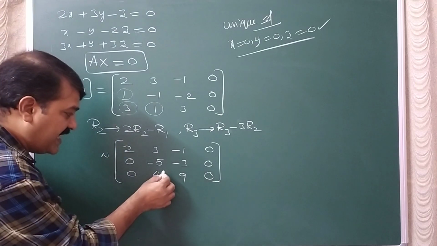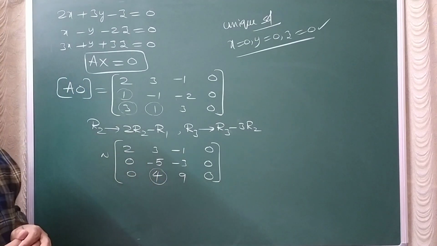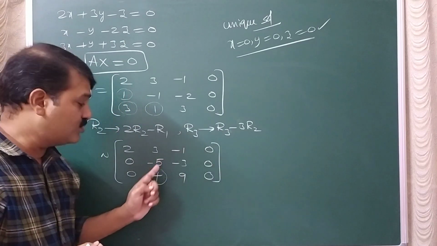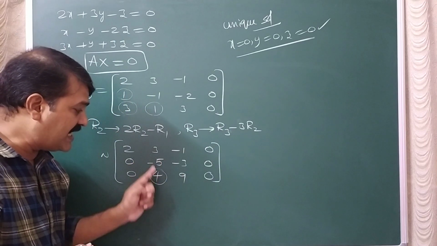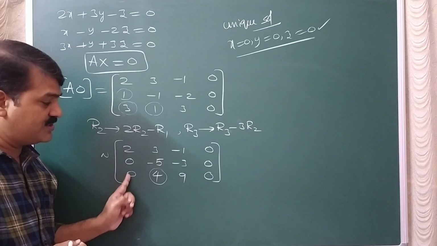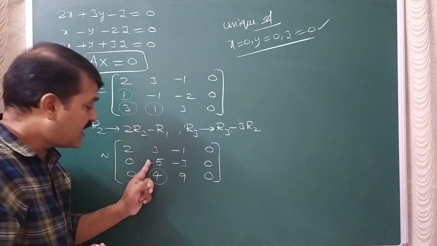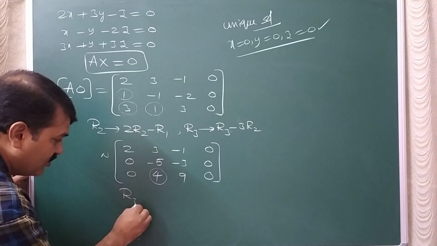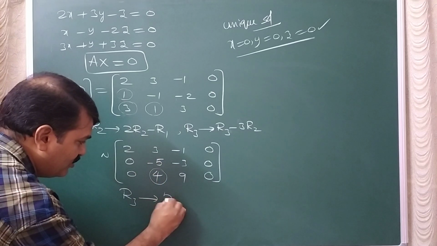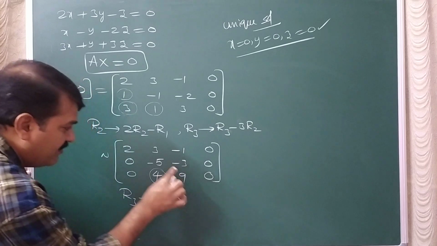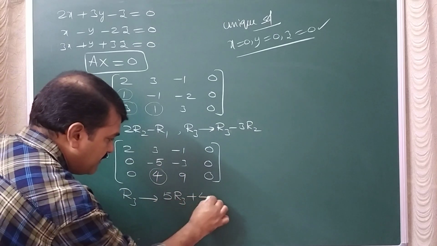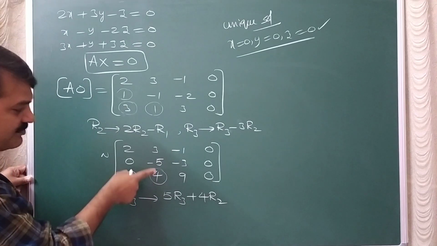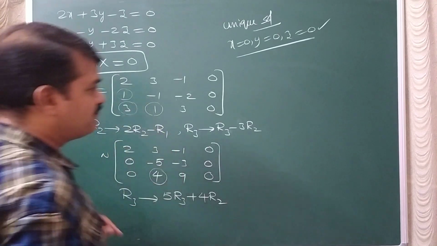The second step is we have to get 0 in this place. To get 0 in this place, we have to use only R2. Using R1 is not allowed because this 0 will change. So using R2, how to get 0? I can do 5R3 means 20, plus 4R2 20, you will get 0.